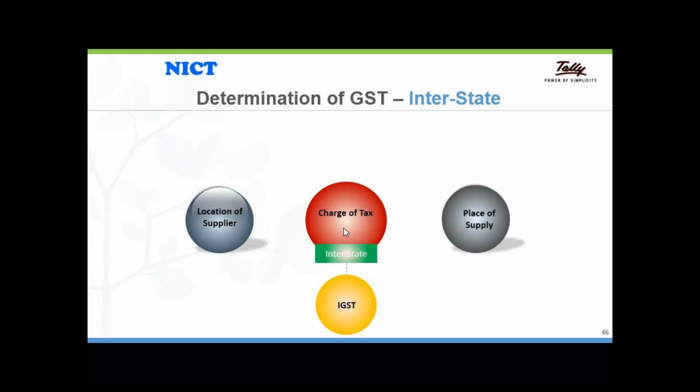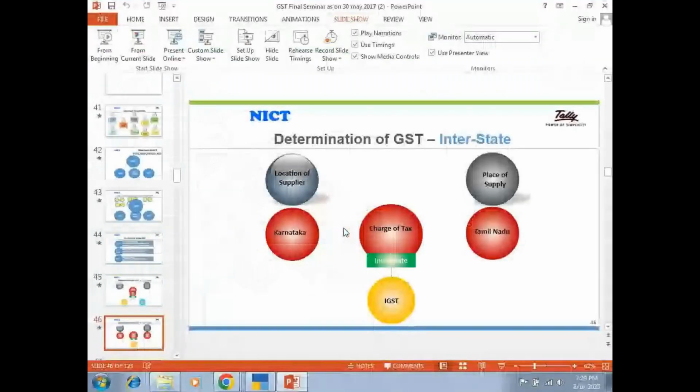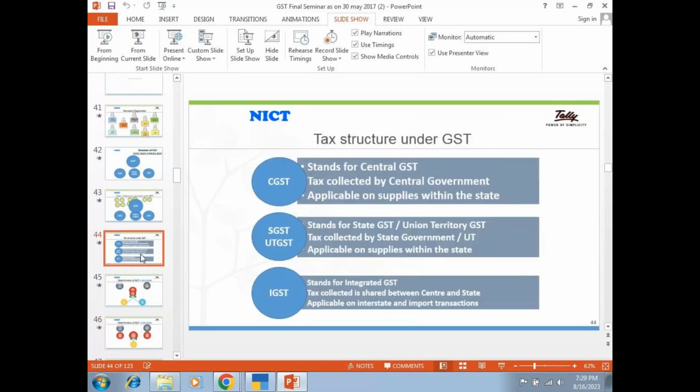See, at this point, very important, please listen carefully. GST is a destination based tax. Wherever the goods are consumed, that state will get the revenue, 9% of 18%.